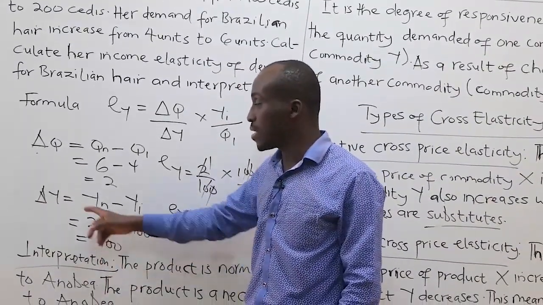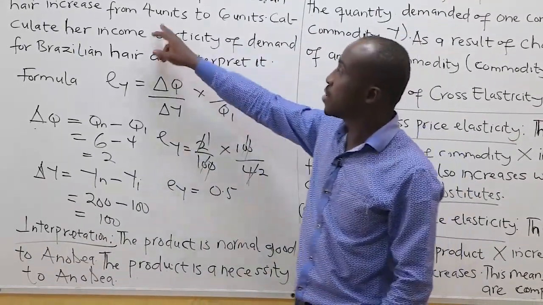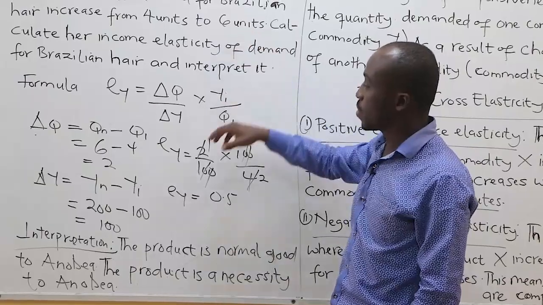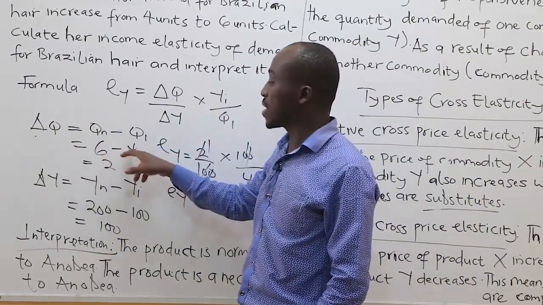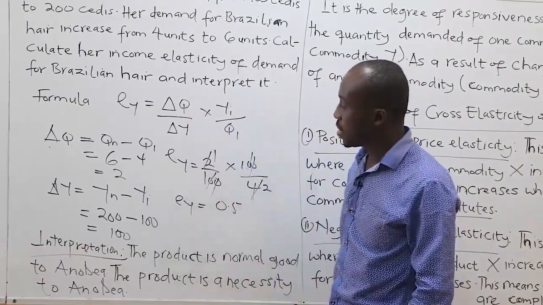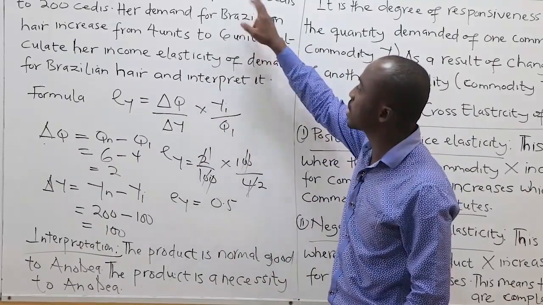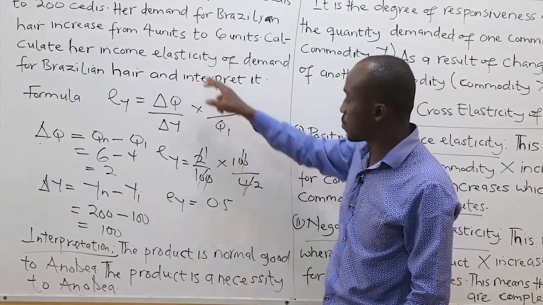So the change in income is 100. She was buying Brazilian hair, 4 units, now she's buying 6 units. So the new quantity is 6, the old one is 4, and if you subtract, it is 2 units. If you put it in the formula, the change in quantity is 2, the change in income is 100, the initial income was 100 before it increased to 200, and the initial quantity was 4.